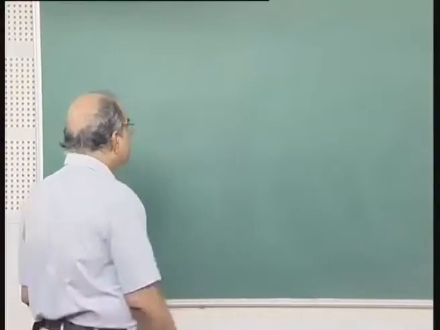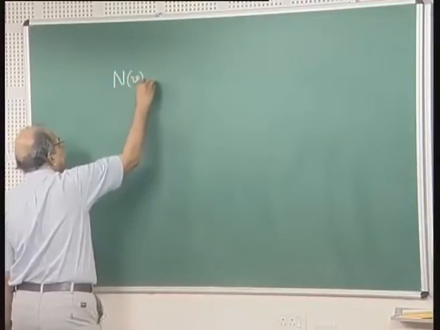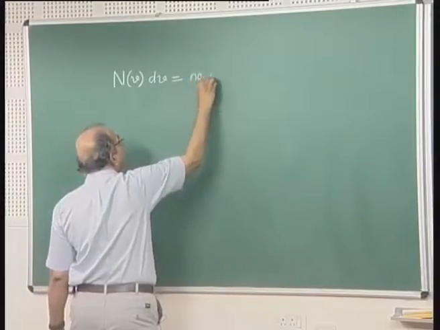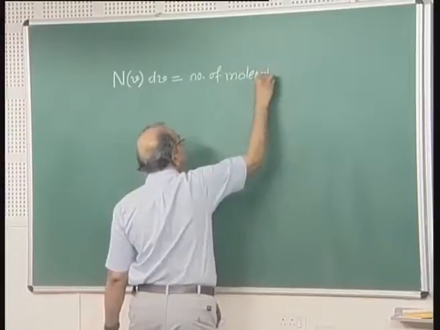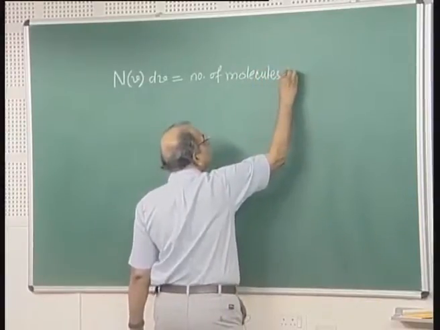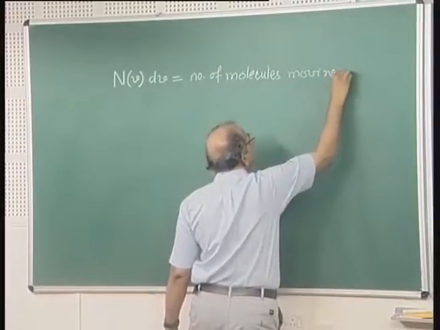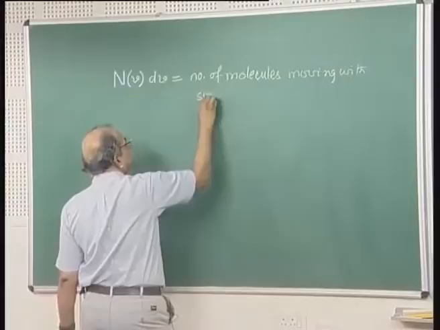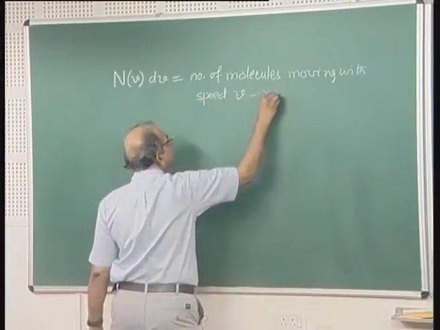So, that number we write as N(v) dv, the number of molecules moving with speed between v and v plus dv.